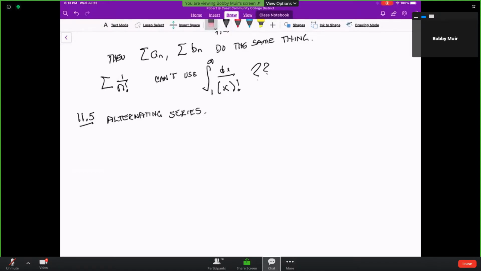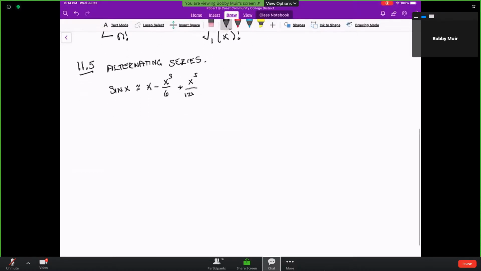So coming up with approximations for what the sine of x is and what the cosine of x is, people started seeing things like, well, it seems as if I use this approximation for sine x like so over, I think that's going to be 120. What happens here is this series is alternating.